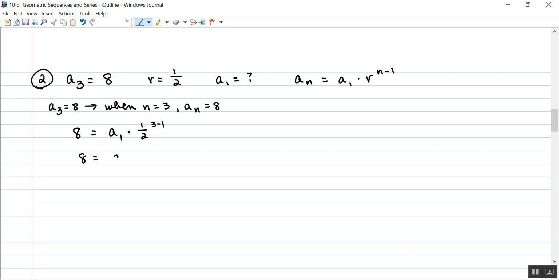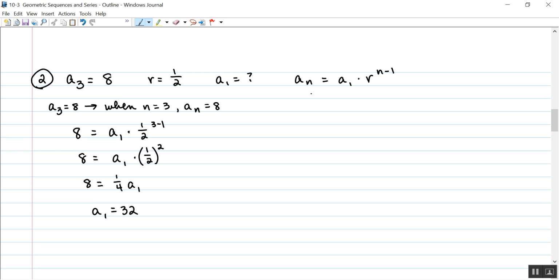Or 8 is equal to a sub 1 times 1/2, I'm going to put parentheses around it, squared. Or 8 is equal to 1/4 of a sub 1, since 1/2 squared is 1/4, and multiplying both sides by 4, I get that a sub 1 equals 32.